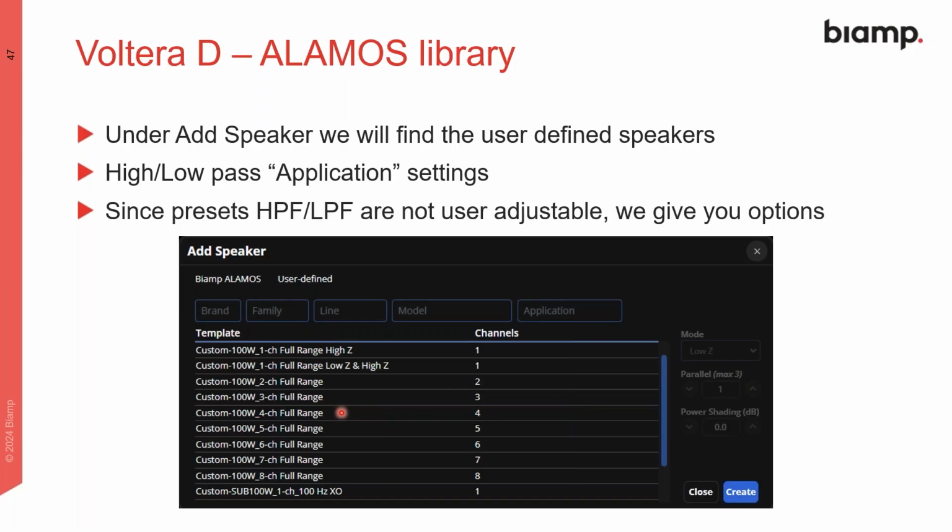And all right, we can select one of the predefined loudspeaker settings. Maybe it's something that's high Z, low Z. Maybe it's a more complicated system, 2, 3, 4 channels.